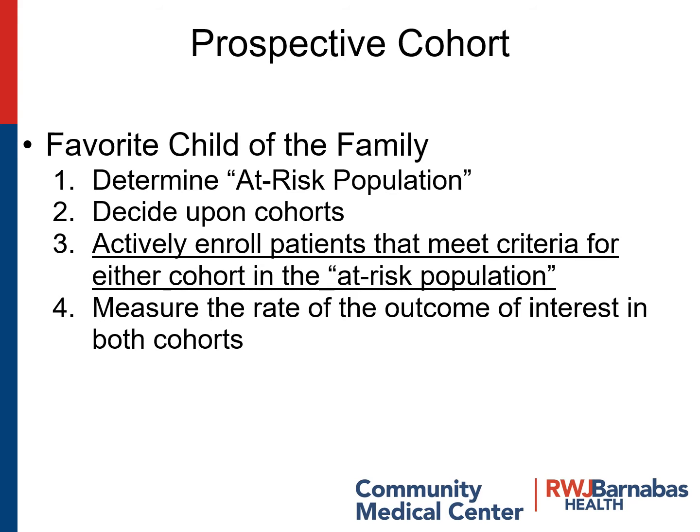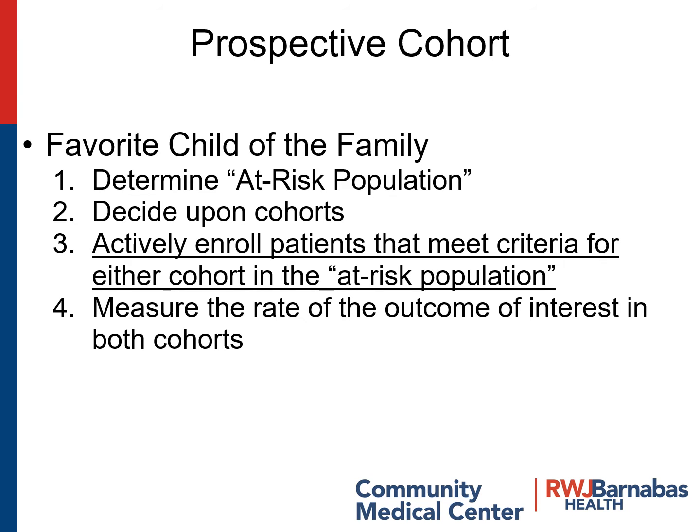So the prospective cohort is methodologically more rigorous. Basically, you determine what the at-risk population is. You decide upon what cohorts you are going to study, and then every patient of the at-risk population gets enrolled into the study and filed into one cohort or another.